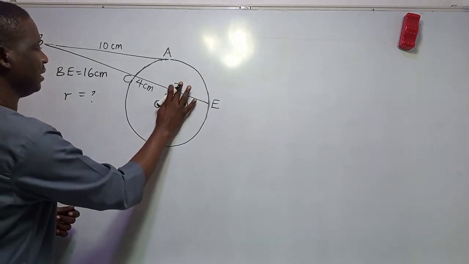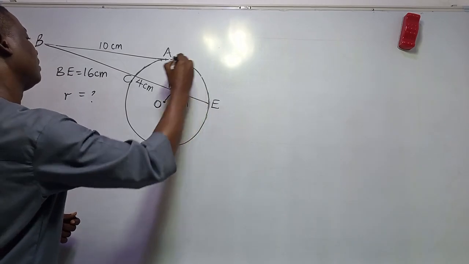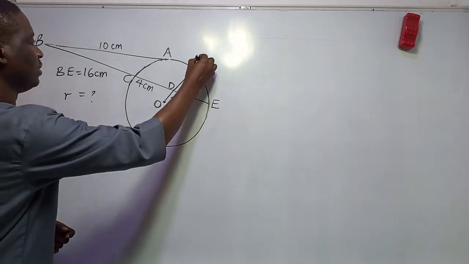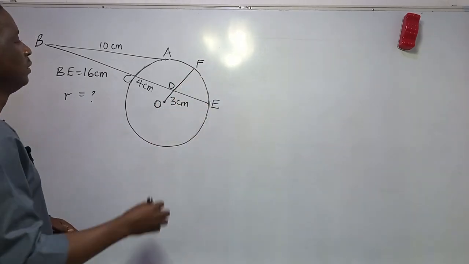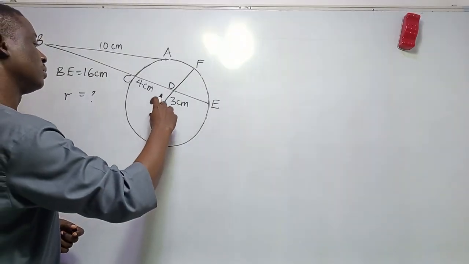So let's say this OD given to us, let's extend it. If we extend it from here to this place, let's call this one OF. Then OF is a radius.